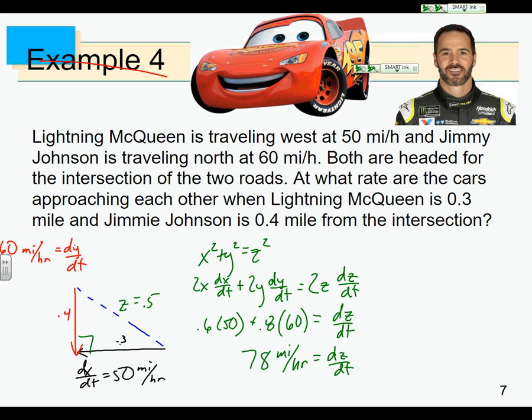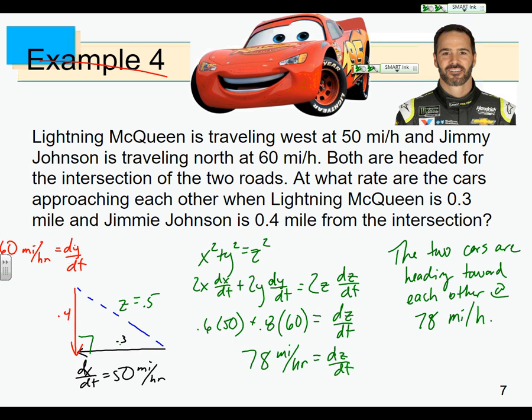But if you want to just wrap something up and say that the two cars are heading toward each other at 78 miles per hour, full credit. The reason we didn't get it to be negative is that since they're heading towards each other, I'm supposed to throw negative signs on those. And that gives me a negative 78 miles per hour.